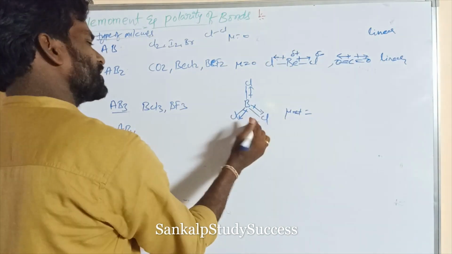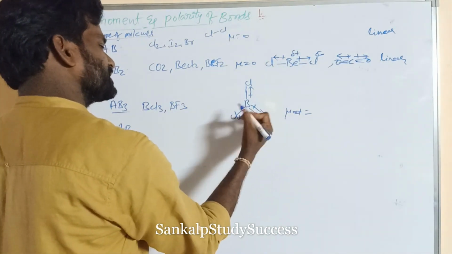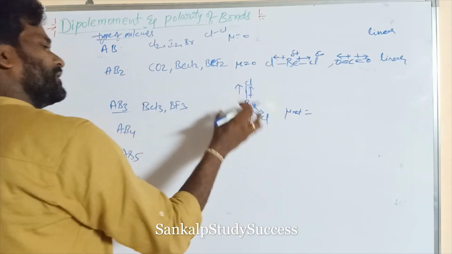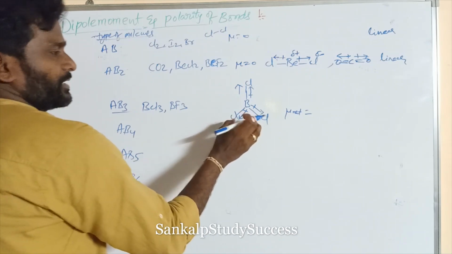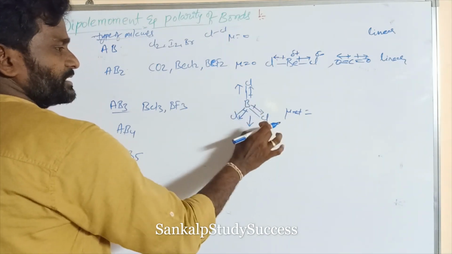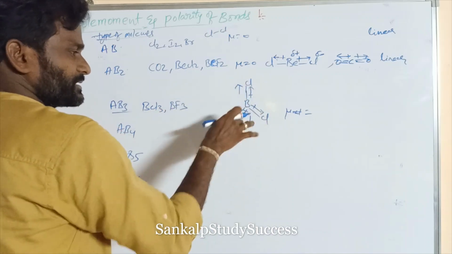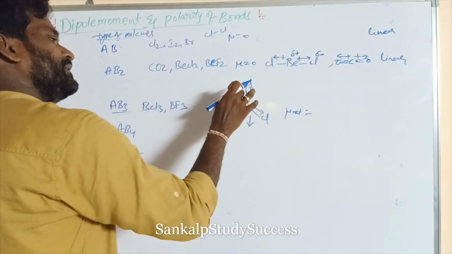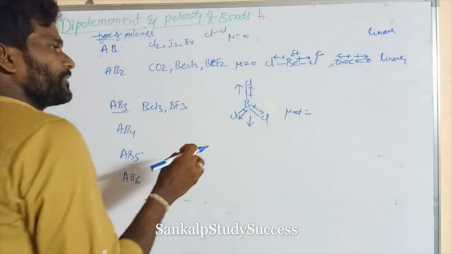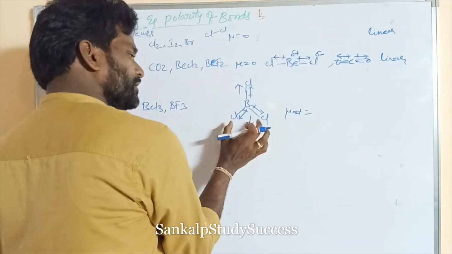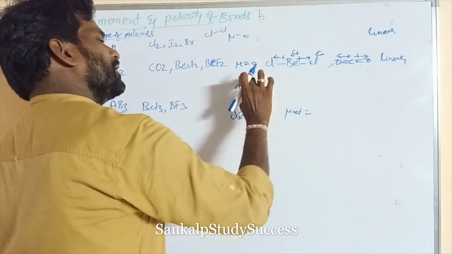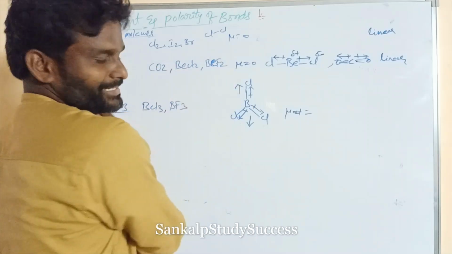So these two bonds are present in this direction, and this bond is present above. The sum of the net dipole moment of these bonds: two are present below, and this one is above. So the net dipole moment of these two bonds is equal to this above B-Cl bond.